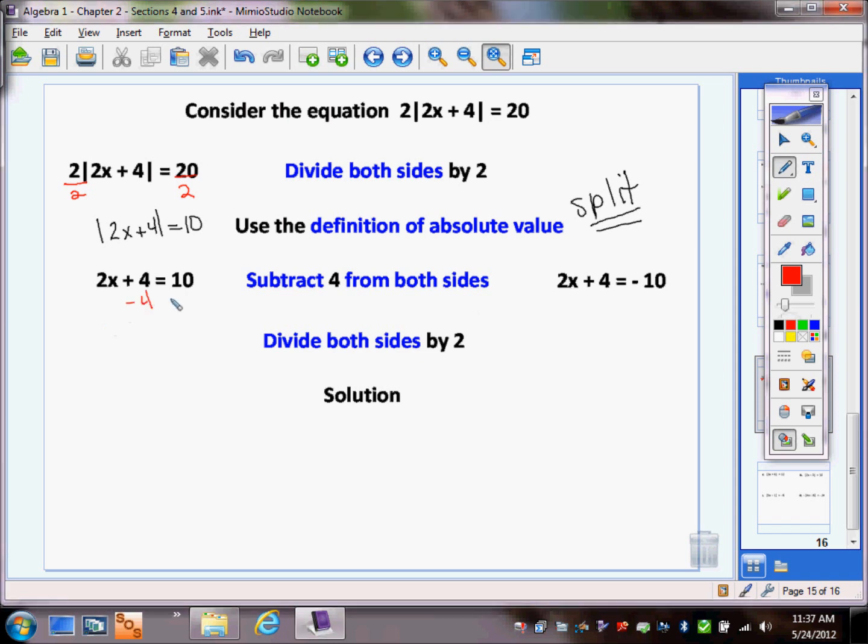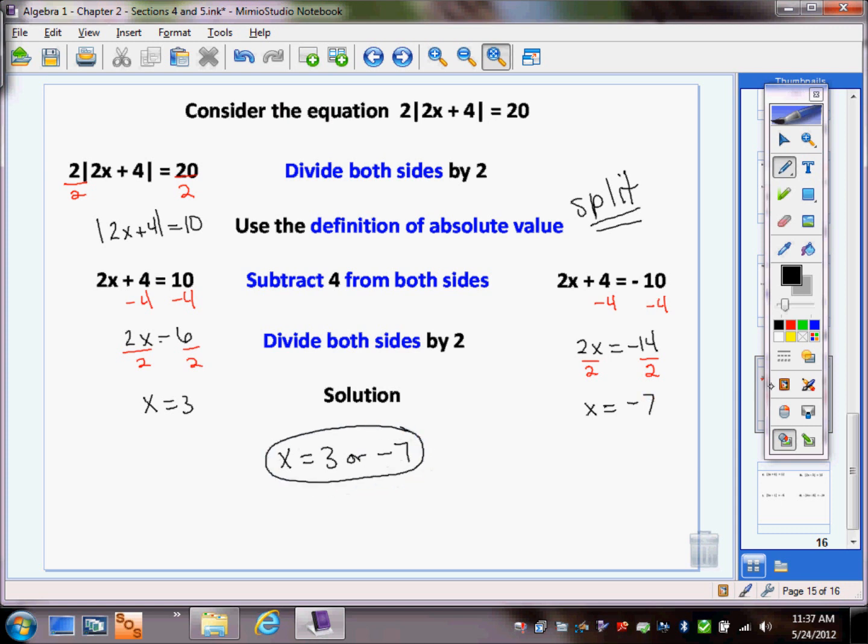And then I solve each individually. So my solution is x equals 3 or negative 7.